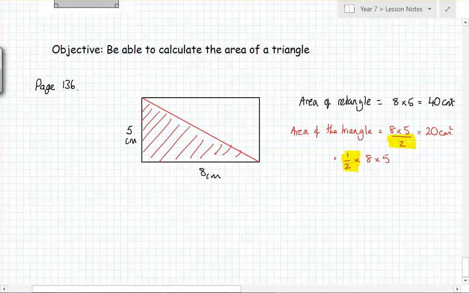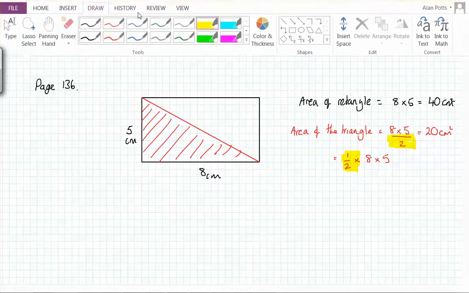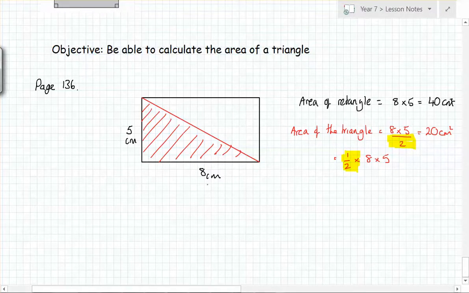Right. Now, the thing is as well, in a rectangle, the 8 is called a what? Called the... The width. Nope. Right, because it's the longer one, so it's the length, and the 5 is the width.